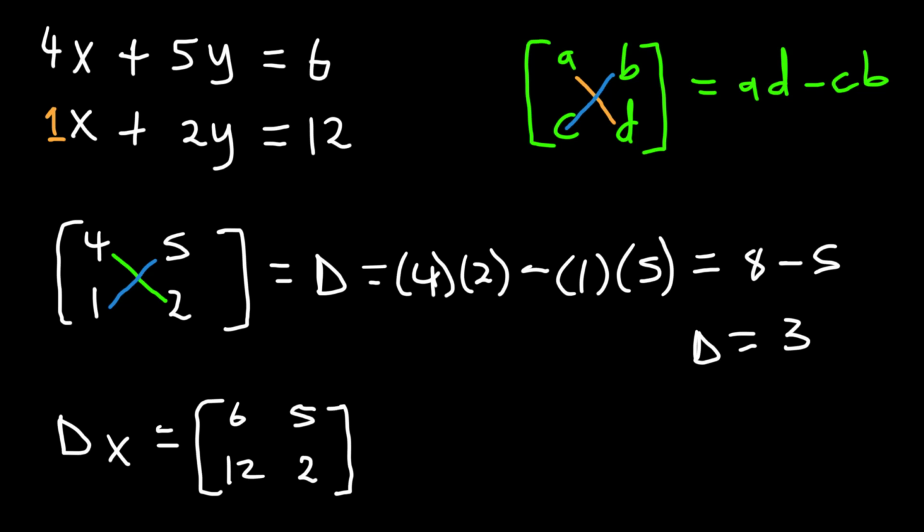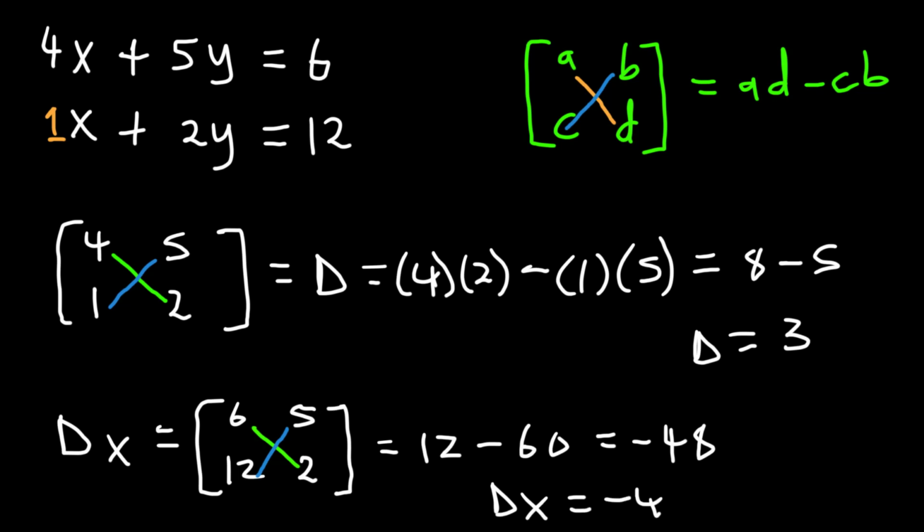And once again, we need to find the determinant of this matrix. So we shall get 6 times 2, and this will give us 12. And then minus, then we shall get 5 times 12, and this will give us 60. Now 12 minus 60 will give us negative 48. Therefore Dx will be equal to negative 48.